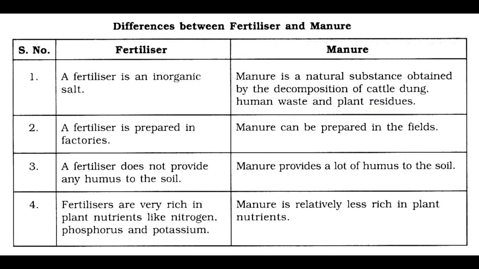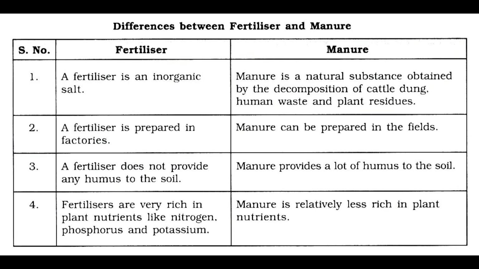It only adds a particular nutrient like nitrogen or phosphorus or potassium. But manure provides a lot of humus. The part of the soil that has the most fertility is called humus.